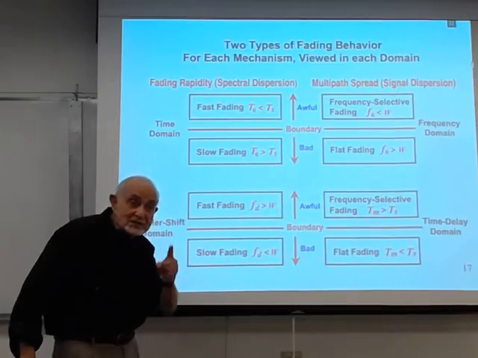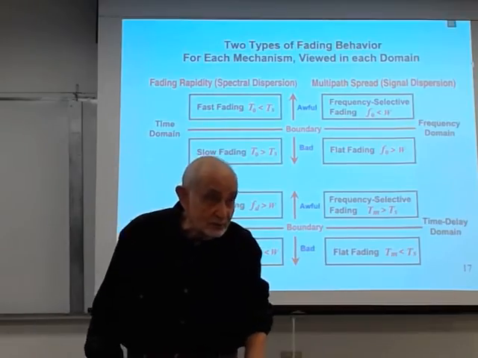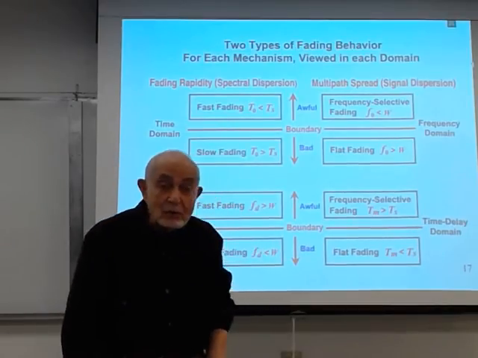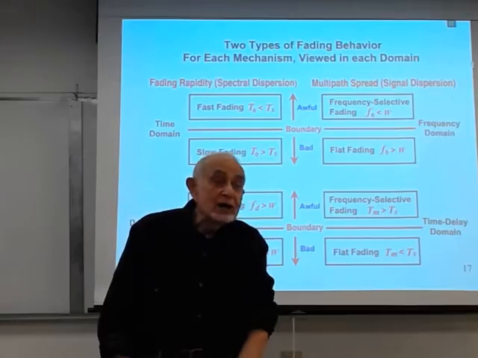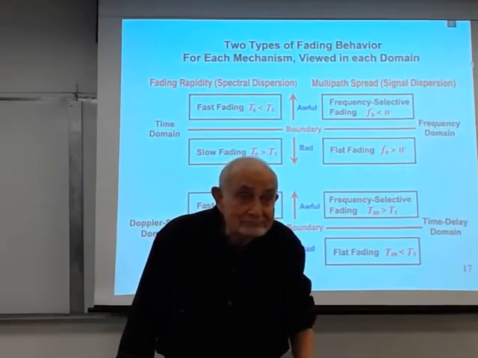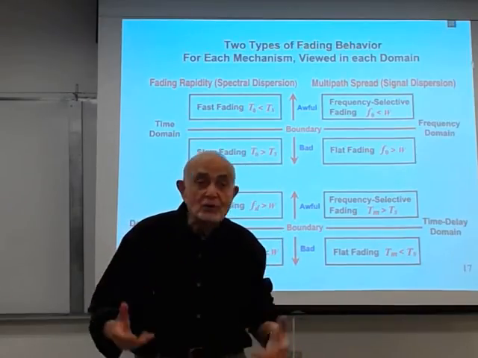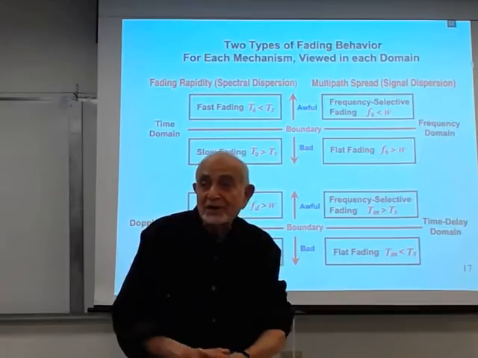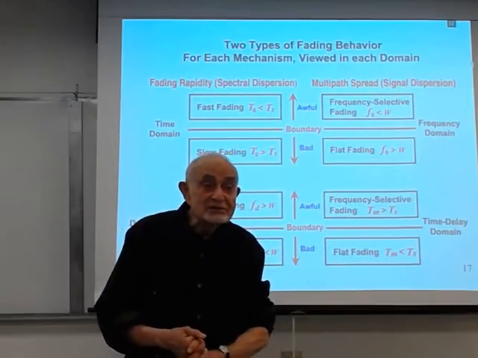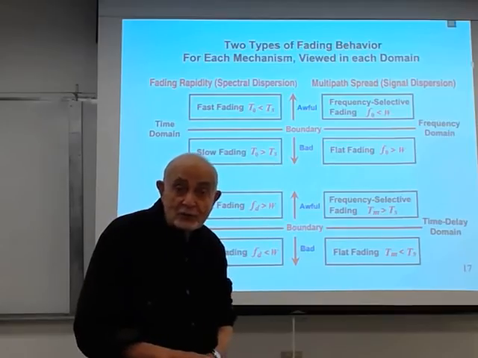And now, having said that, let me make one correction. I know there are a lot of you who are interested in MIMO. You know, MIMO, if you got rid of fading completely, would MIMO work? No, it wouldn't. MIMO depends upon a rich assortment of multipath in order to work. So it isn't really correct to say that fading is always bad or awful.